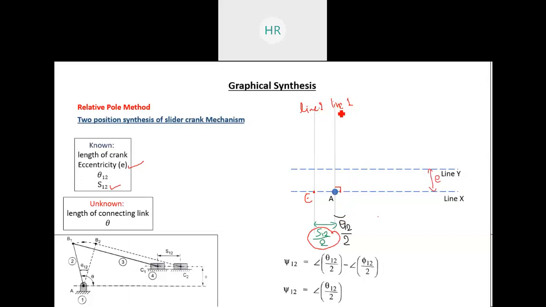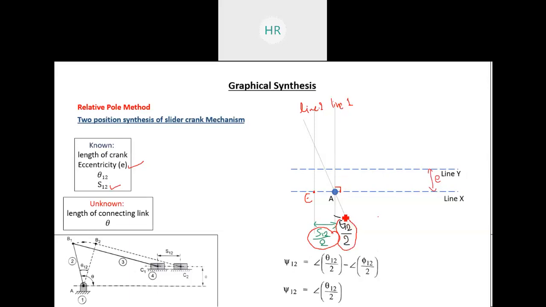So from line number 1, mark an angle theta 12 by 2 and draw a line passing from A. So basically we are drawing a line passing from A, making an angle theta 12 by 2 with line number 1.